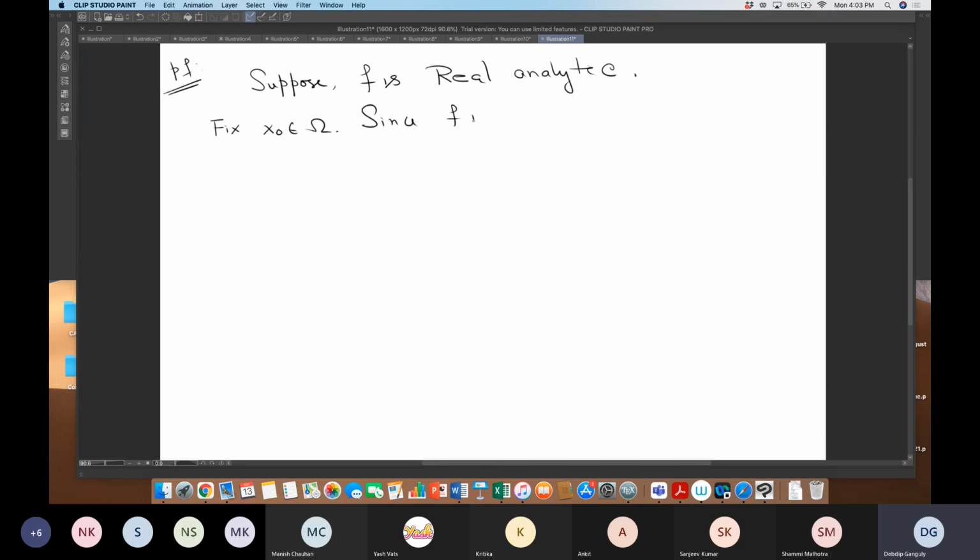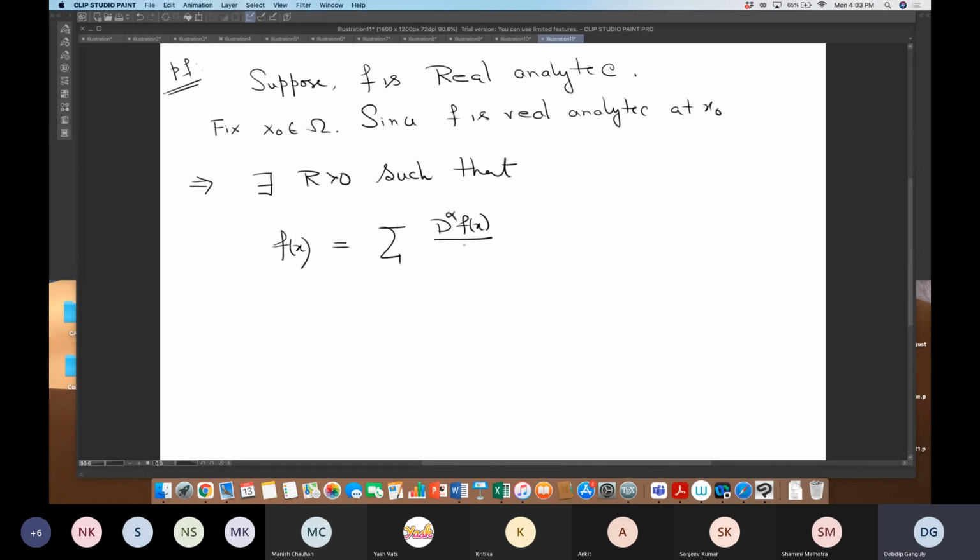Since f is real analytic at x naught, this implies there exists R positive such that f(x) is the summation of d alpha f(x naught) by alpha factorial times (x minus x naught) to the power alpha. Since f is real analytic at x naught, for all x around x naught, f(x) can be written in this way.